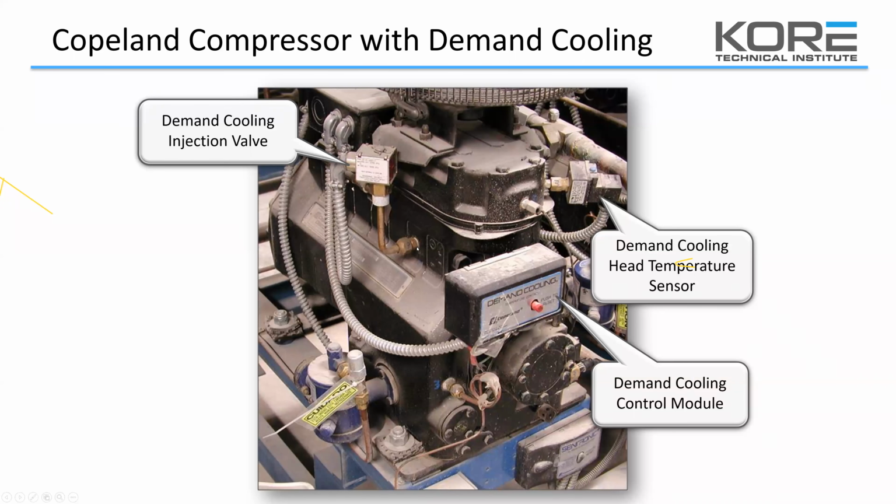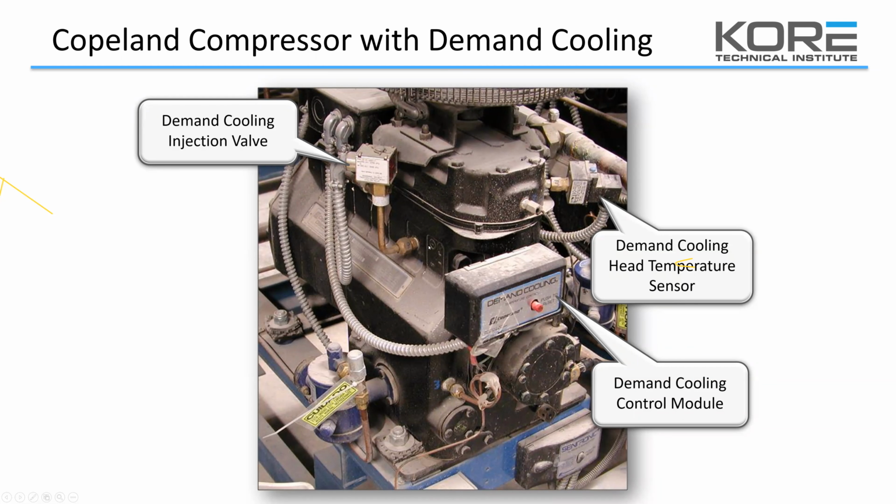So by doing so in the spot that it does it, we don't flood the motor, we don't spray oil or refrigerant directly onto the windings of the compressor. Rather, we shoot it directly in there onto the walls of the cylinders, which are usually quite hot, and therefore that pretty much ensures that no droplets of liquid or any sort of liquid is actually going to reach the valve plate.